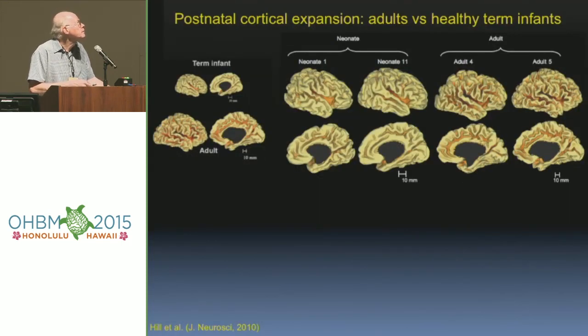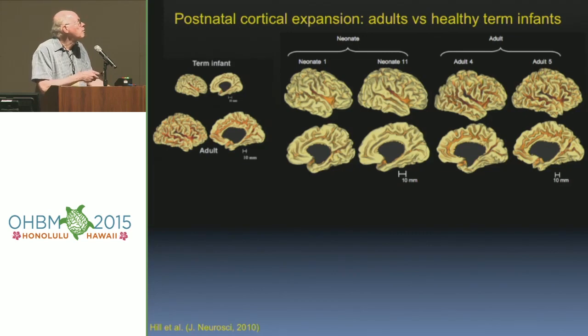So if we look at two basic time points, term gestation, term birth, as shown in the middle panels here, here are two exemplar individual neonates born as healthy term infants. And here on the right are two exemplar adults.